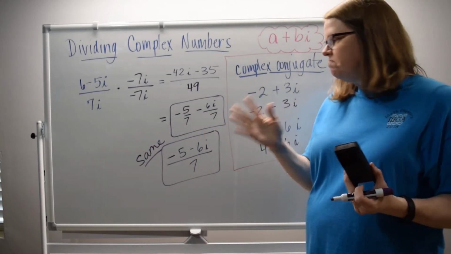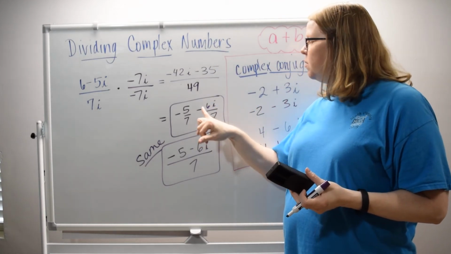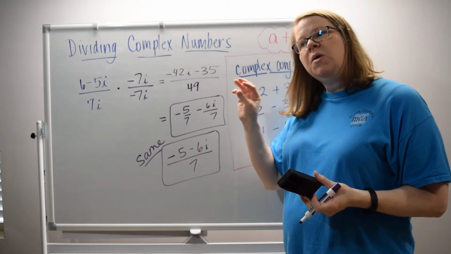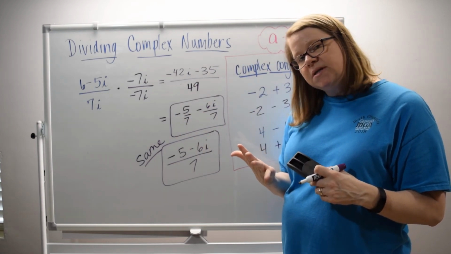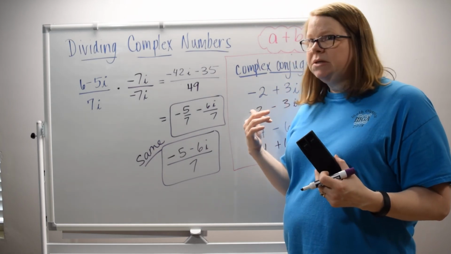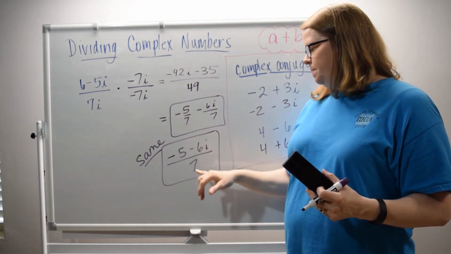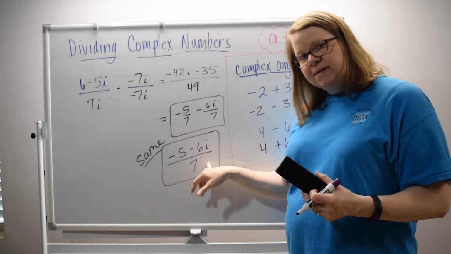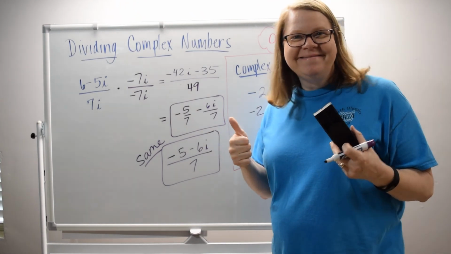It's just a variety of preferences, so this is fine or this is fine, but you need to look back at your notes and look at how your teacher did her examples as far as what she's looking for. But you also need to know, like for when you take the SAT or something, that if you get this answer and you see this as an answer choice, they're the same thing. All right, you're good. You've got this.